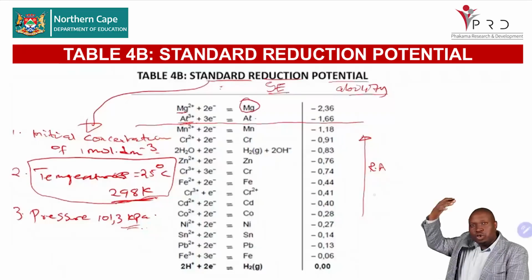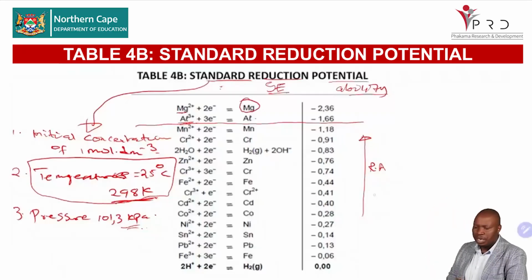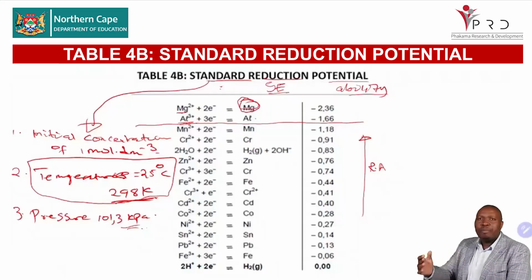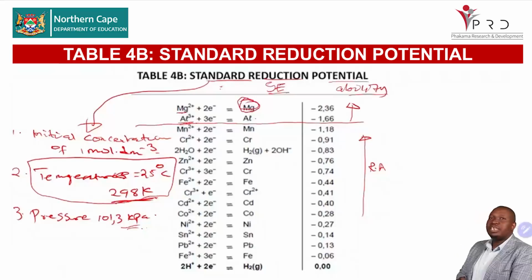So whatever is at the top there in terms of table 4B is our strongest reducing agent. So I know magnesium is the strongest reducing agent compared to aluminium. So aluminium and magnesium are both reducing agents. But in terms of strength, magnesium is stronger, because the arrow there is facing upward.